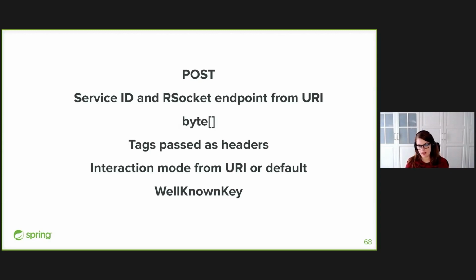If you do not specify it, our default will be used, which is request-response, but you can also specify your own default for all the communication. We also handle well-known keys, so this might be an interesting bit of information for those of you that already use the RSocket routing client and broker. The well-known keys are a predefined way of specifying certain information that allow you to choose the right instance, such as, for example, instance ID.